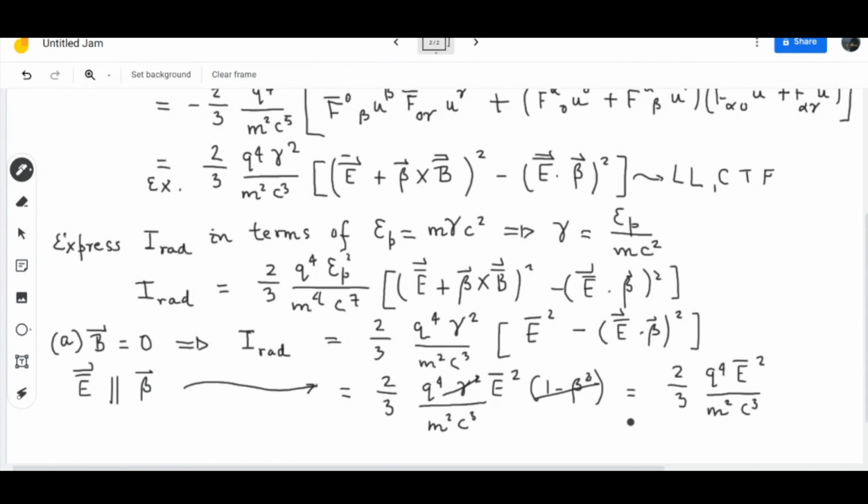It's independent of particle energy. In the general case it wasn't, but in this case it is.